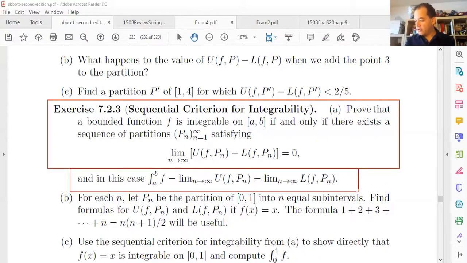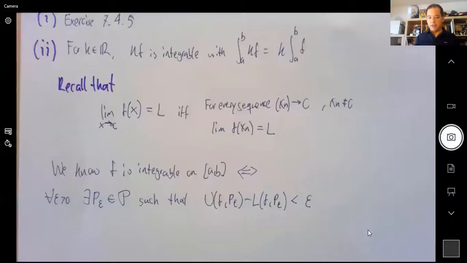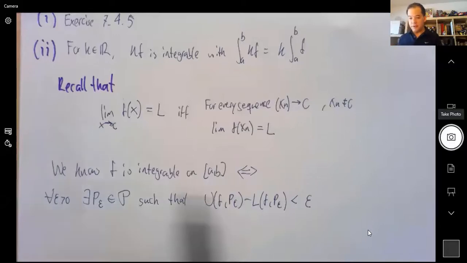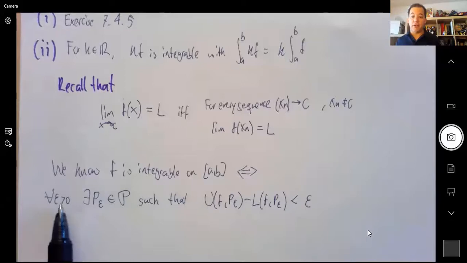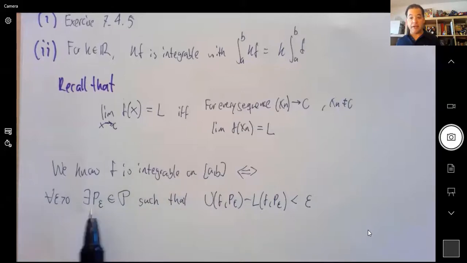Well, what is it that we have here? Let's go back to the page. Using this criterion for integrability, you can use as your epsilon, say, the sequence 1 over n. So for 1 over n, there's a partition P_{1/n}, you can call it P_n, such that this happens.